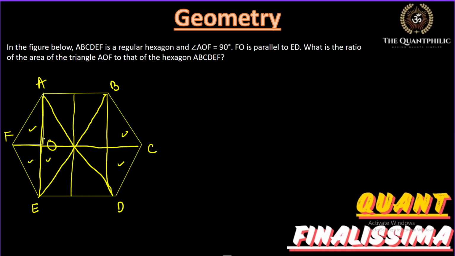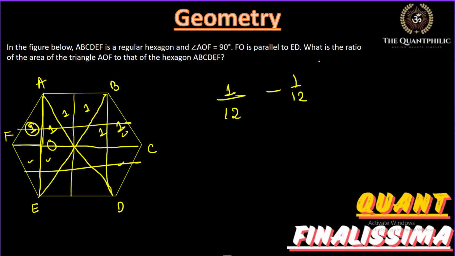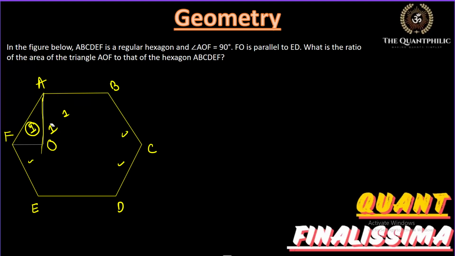Similarly the other processes are done, so all of these smaller triangles that are visible have equal area. So if I give each of them area 1, then AOF is 1 divided by how much: 1 2 3 4 5 6, 6 on the top and 6 on the bottom, so 12. So the answer is 1 by 12 to this question. Super awesome if your visualization is good, and if you know the concept, that will also be very useful. No issues in that.